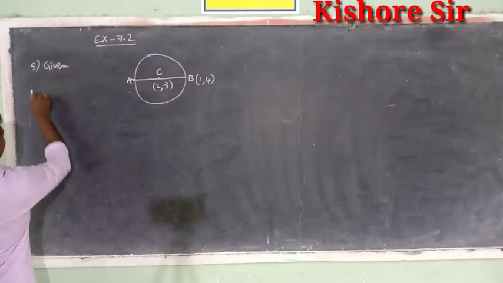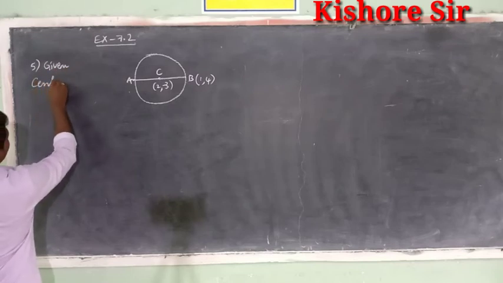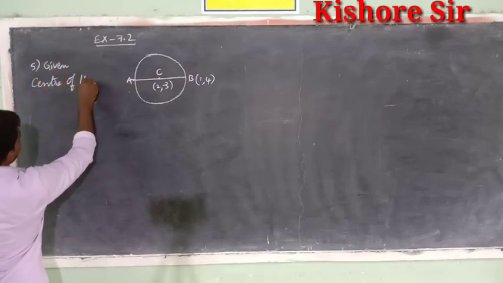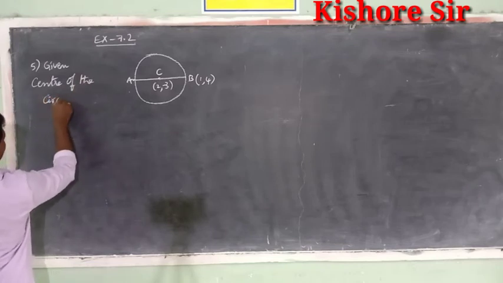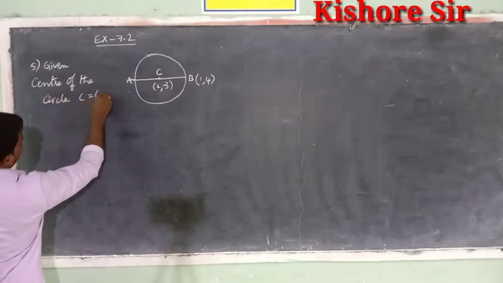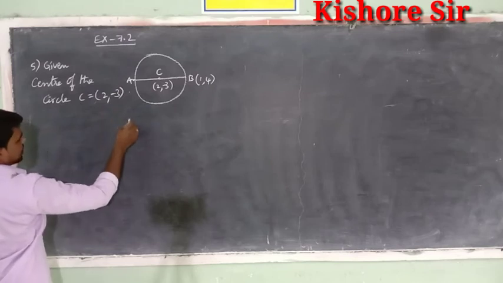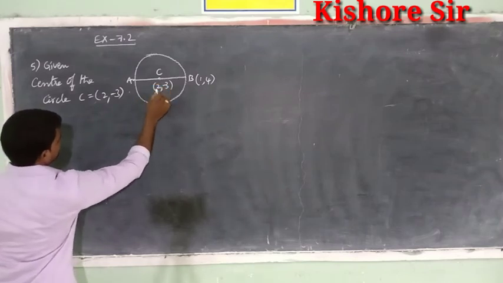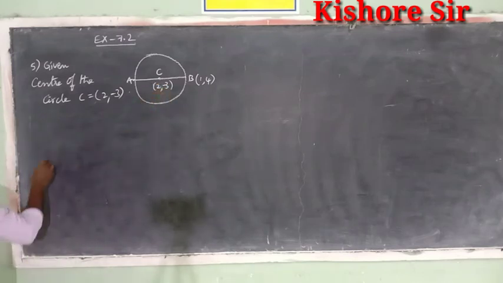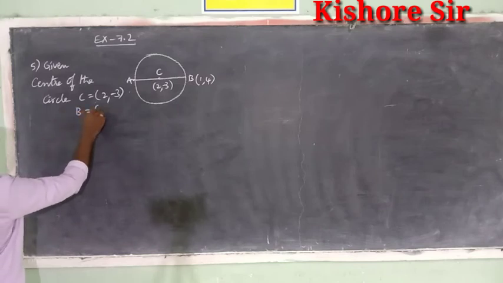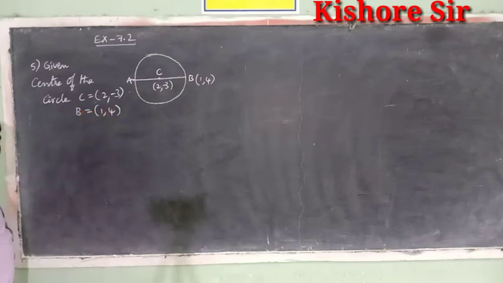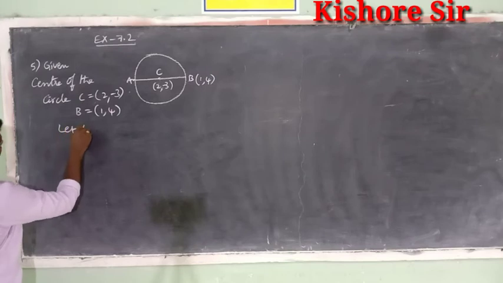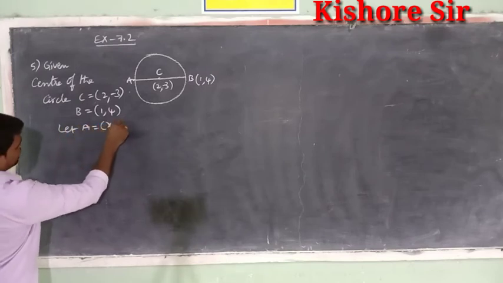Given center of the circle C is equal to 2, minus 3 and B is equal to 1, 4. Let A is equal to x, y.